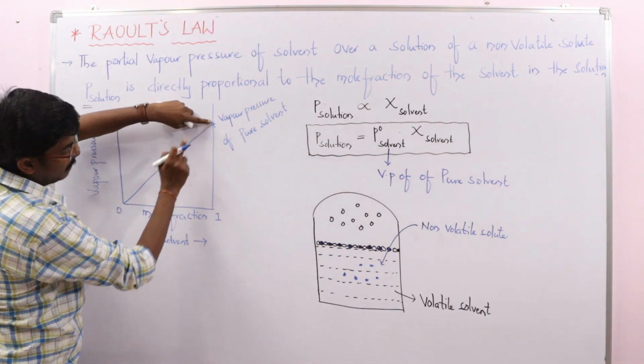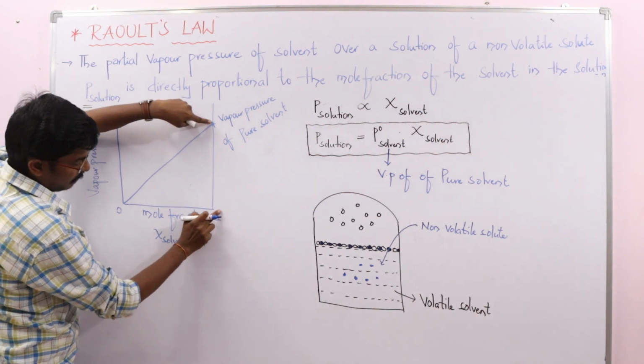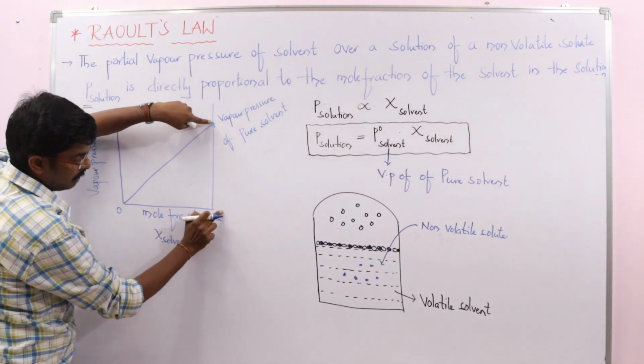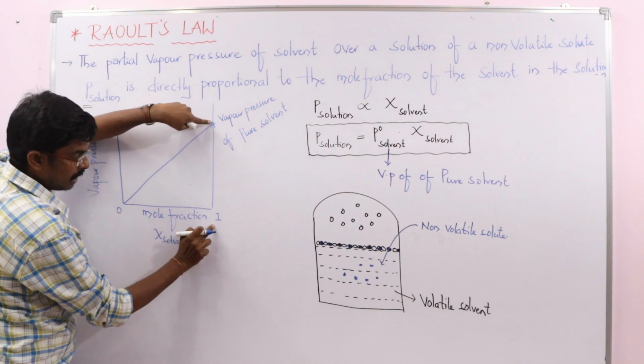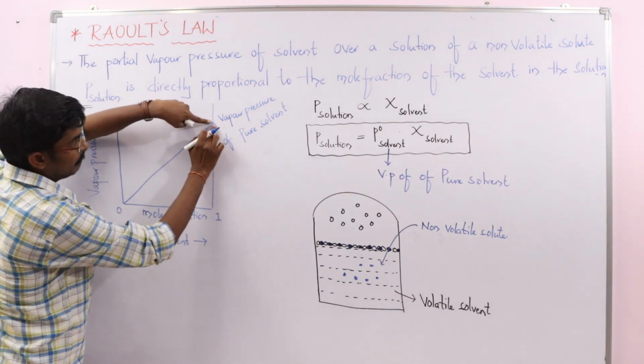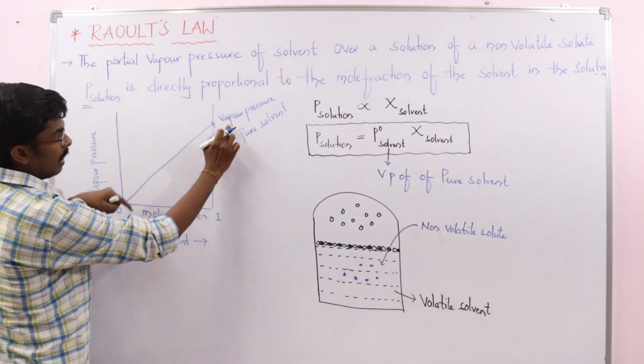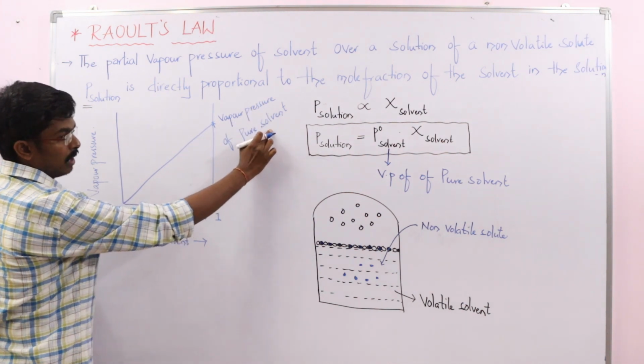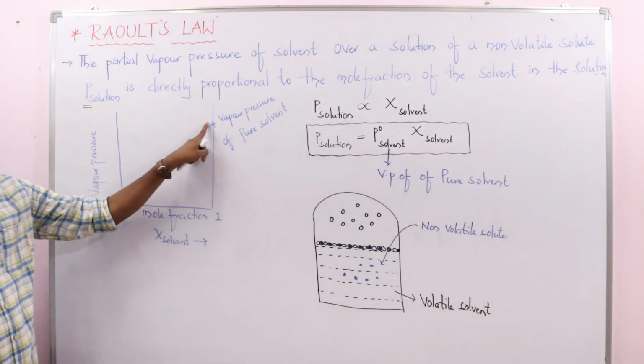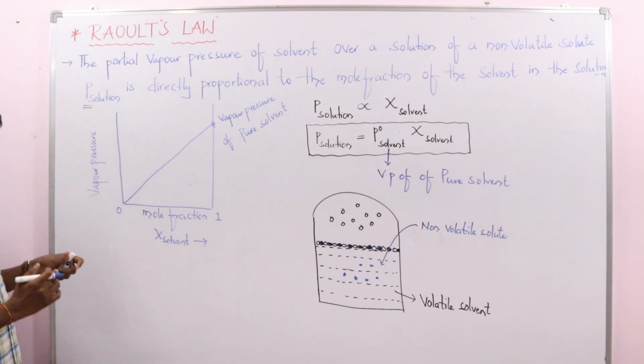The star mark indicates the point where I have only solvent particles. The vapor pressure shown at this point is the vapor pressure of the pure solvent, P naught solvent. Clear? This is one type we can explain.